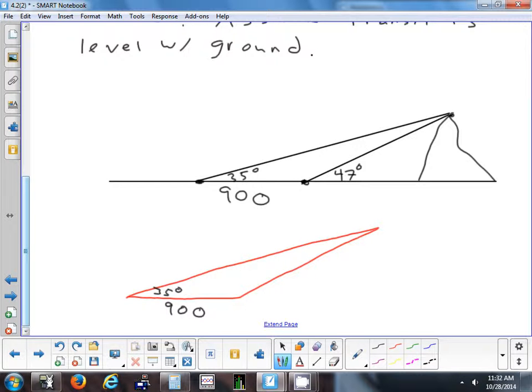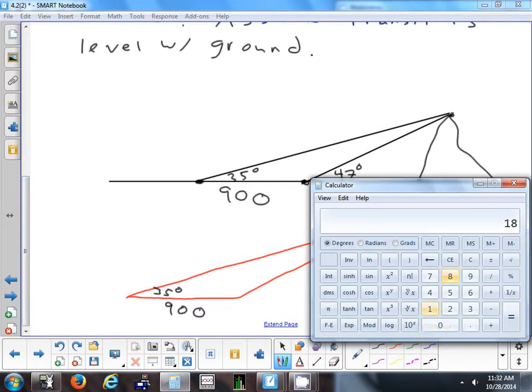How can I get another angle inside based on what they gave me? Yeah? The 47 and the angle next to it are complementary or something, so they add up to 180. Supplementary, so they add up to 180. Yeah, very good. So these angles have to add up to 180. So just do 180 minus 47. We get 133.